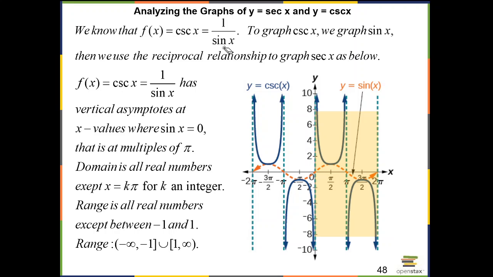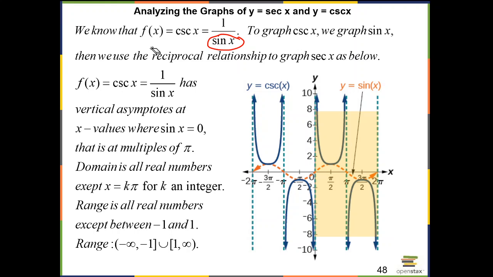But if you think about it, cosecant is 1 over sine. So the way we can do this is by graphing sine and literally taking the reciprocal of the graph. Wherever the sine is increasing, the reciprocal is decreasing, and wherever the sine is decreasing, the reciprocal is increasing.